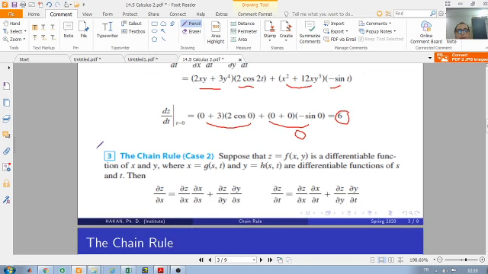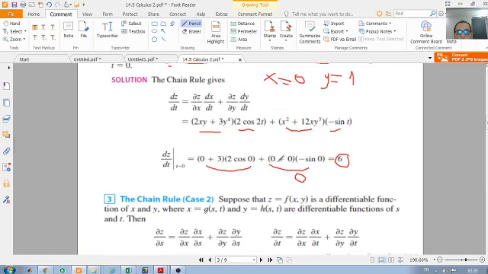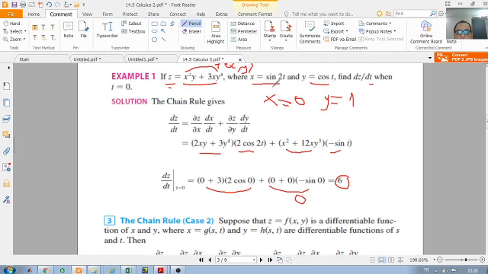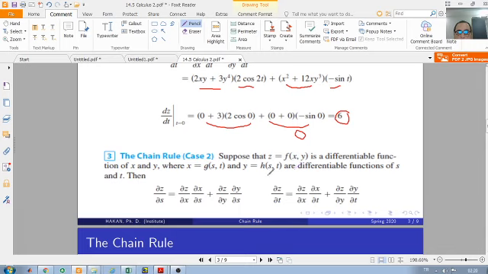The second version of the chain rule can be given as follows. Suppose z is again a differentiable function of x and y, given in this form generally. In the preceding case, the independent variables are functions of one variable, but in this case they are differentiable functions of two variables.